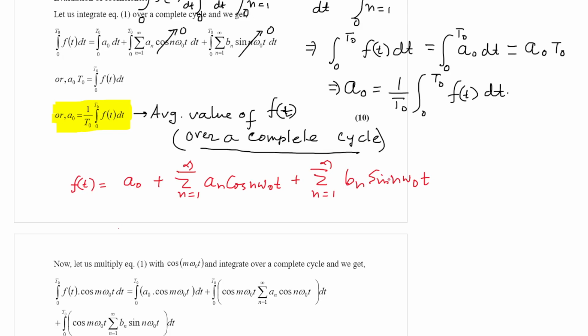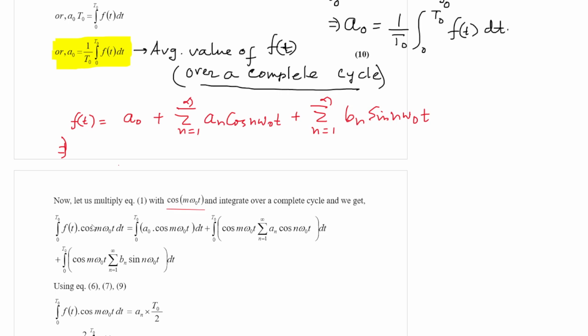Now we are multiplying each term with a cosine term. So let us multiply each term with cos m omega naught t, and then integrate. After getting multiplied, it should be integrated over a complete cycle.